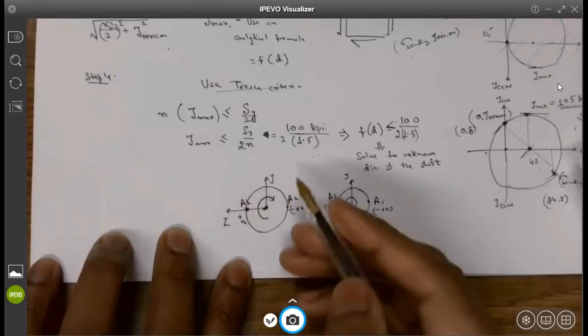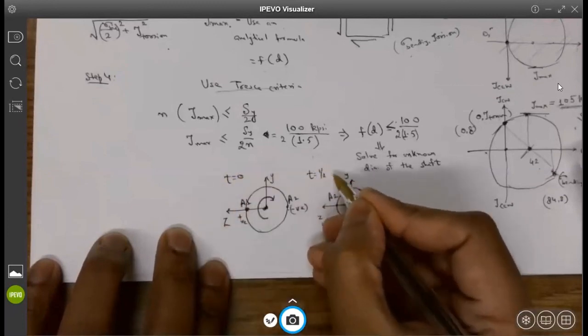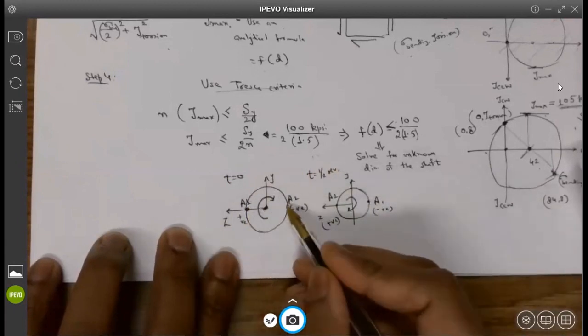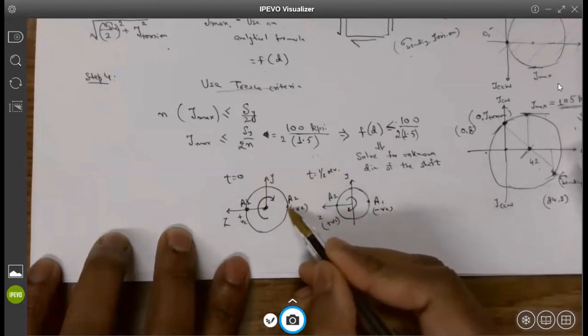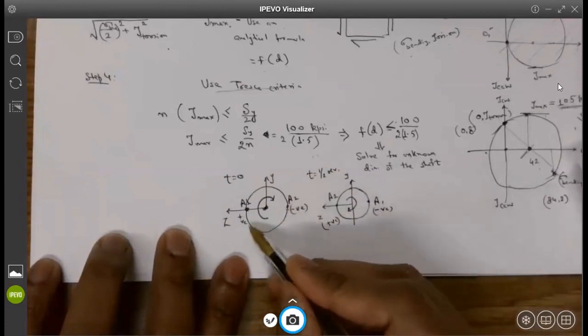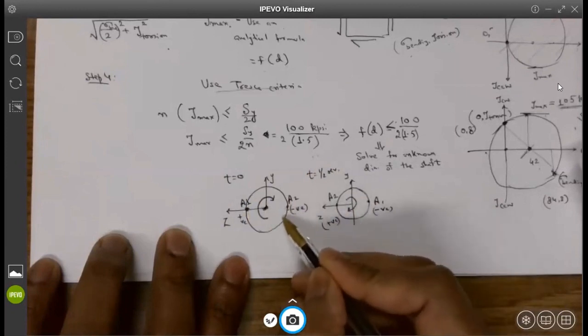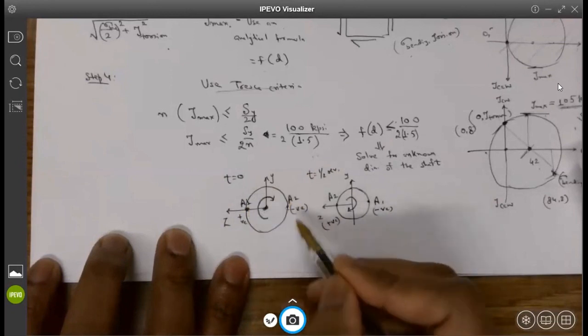At time t equals 0 and after half a revolution, point A1 moves to this position where it is experiencing negative stresses. And point A2, which was earlier experiencing negative, will go to this side, with positive stresses. So you see the points keep on experiencing positive, negative as the shaft keeps on spinning.